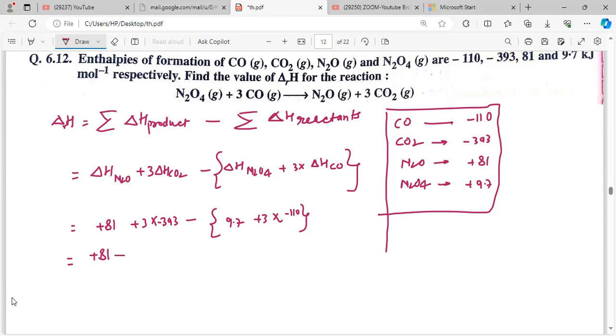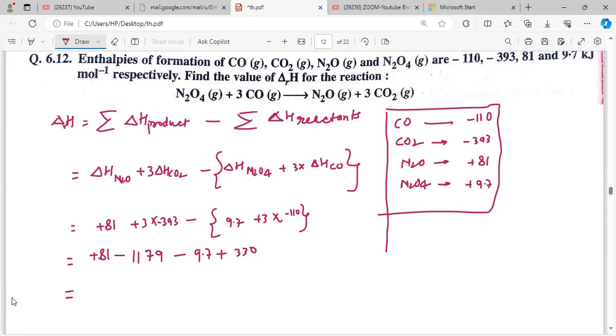This will be the negative: 3 threes are 9, 3 nines are 27, so 3 times 393 is 1179. Are you doing now? Yes, sir. 9.7. And this will be plus, minus into minus is plus. So 330.